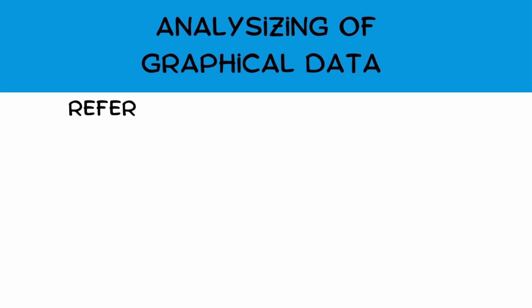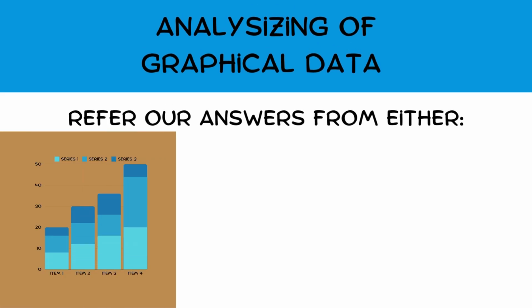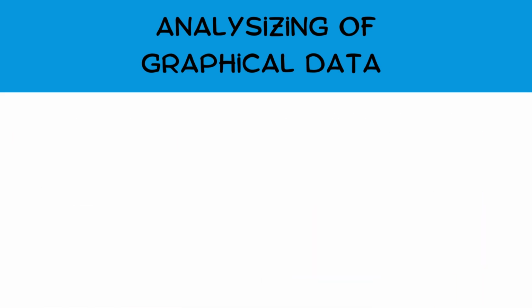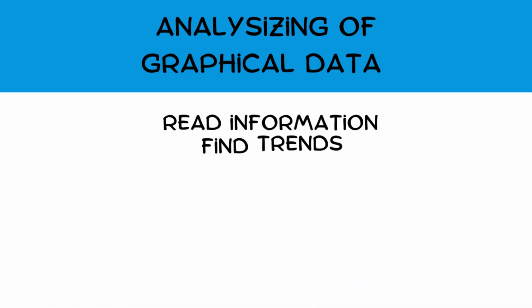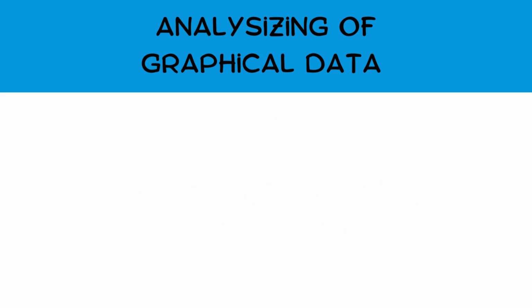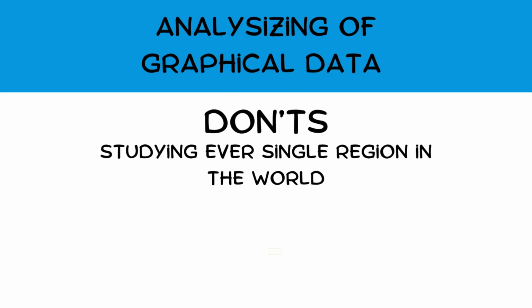Moreover, as we stated previously, we may be asked to refer our answers from either graphs, images, or regions. As students, we will need to understand how to read information, find trends, and answer the questions with reference to the specifics of the given resource. This does not mean we should study every region in the world.